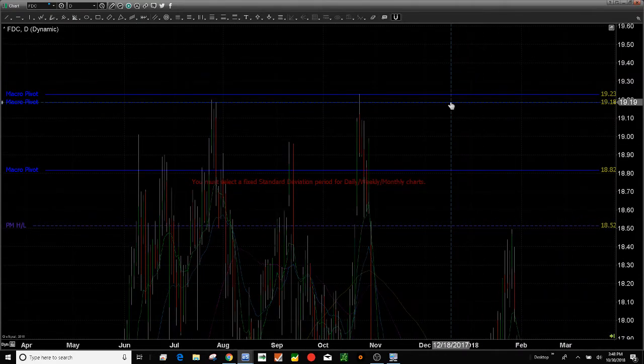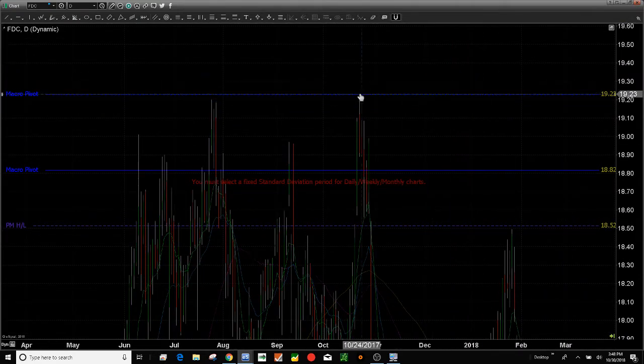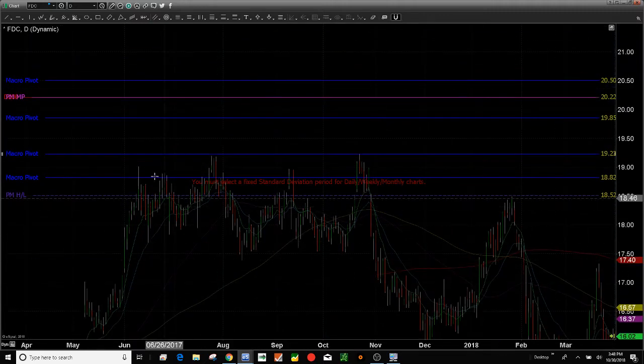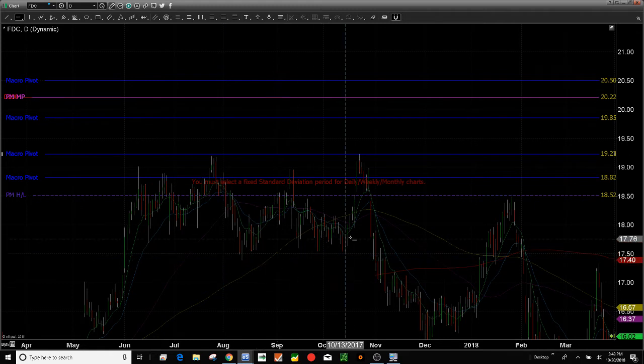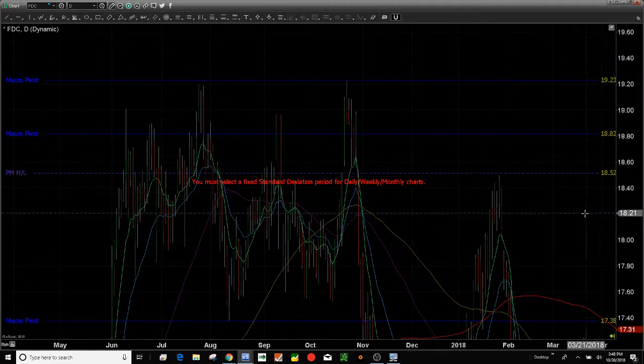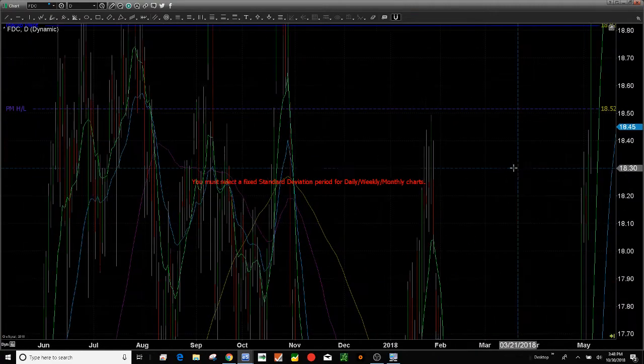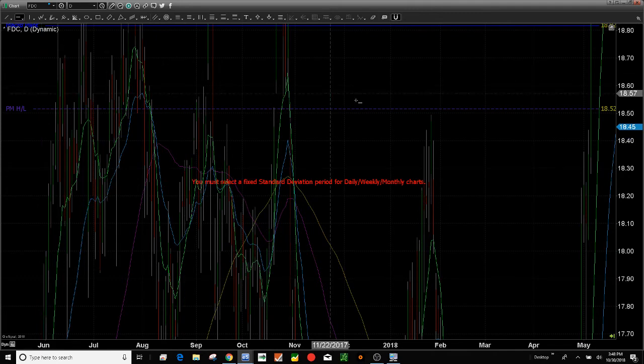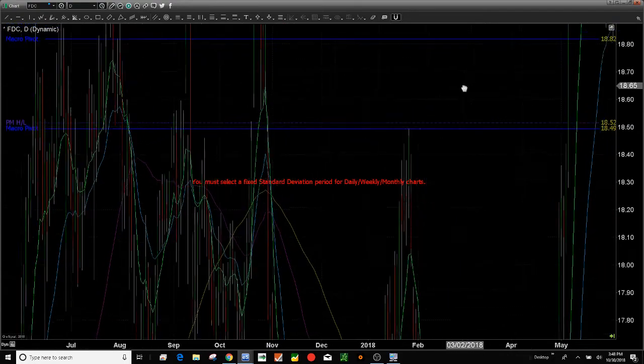So we have 2 lines here. We'll take the higher line here. And then pay attention, there's some stuff down here if you want to mark this. You can mark that. And look at damn near the low of the pre-market chart. You have this macro pivot here as well.